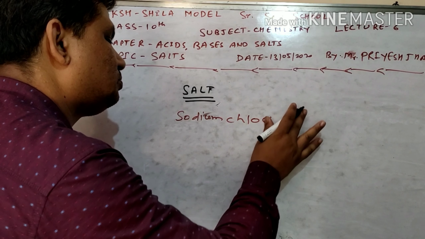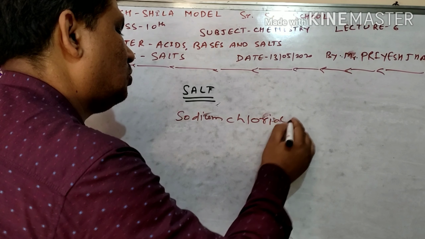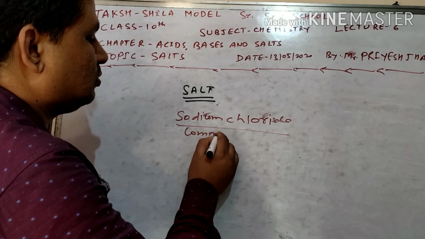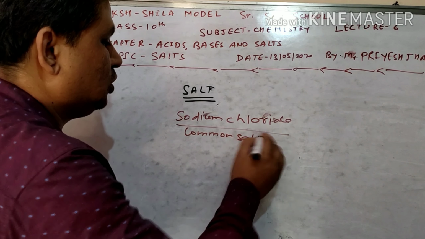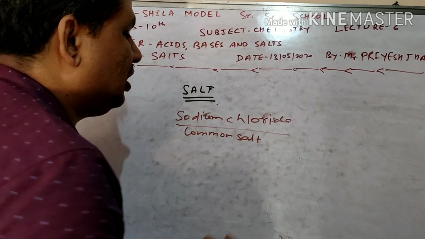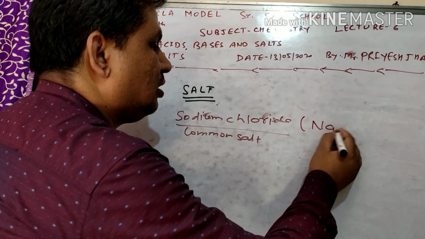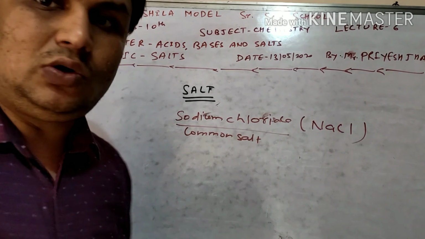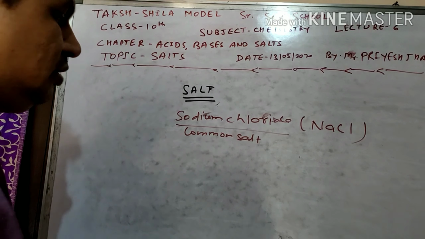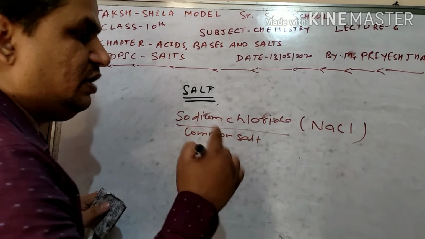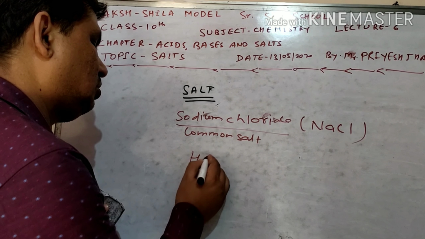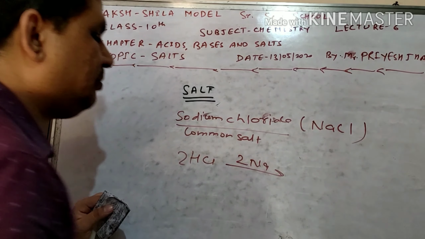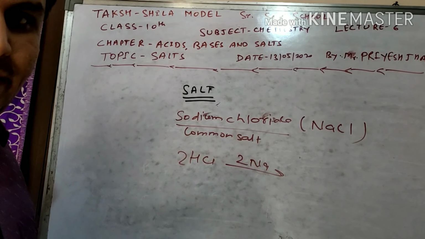Sodium chloride is a salt generally known as common salt, and the chemical formula of sodium chloride is NaCl. Sodium chloride is obtained when we add sodium metal to hydrochloric acid.